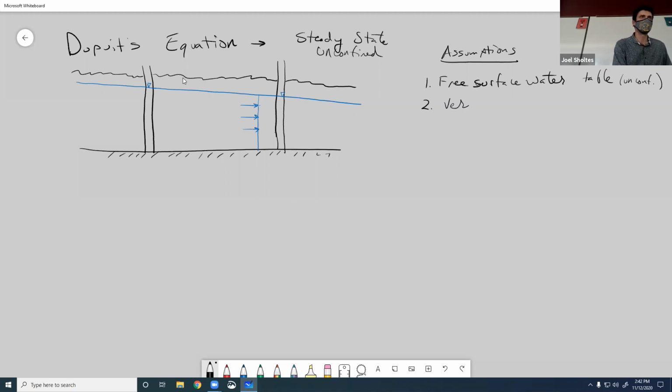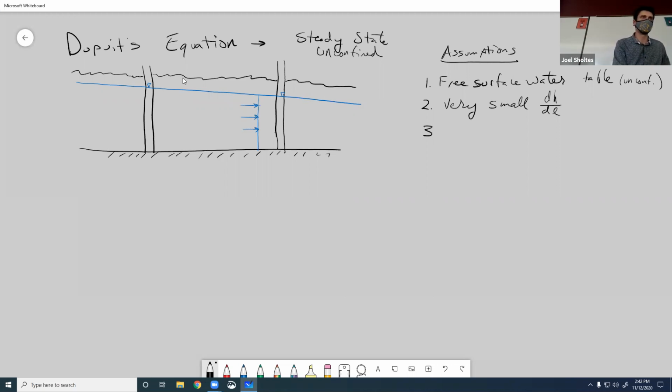We have a very small slope, or hydraulic gradient. This is kind of similar to when we did open channel hydraulics, and we said that the gradient is small enough that things are transitioning smoothly over time. We don't get turbulence or bending flow lines and that sort of thing.